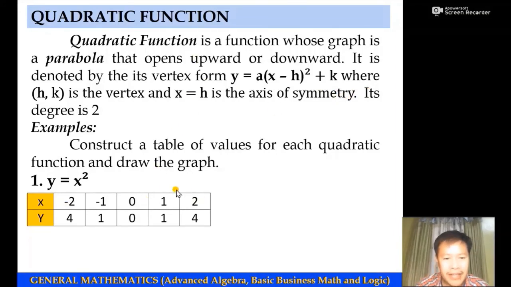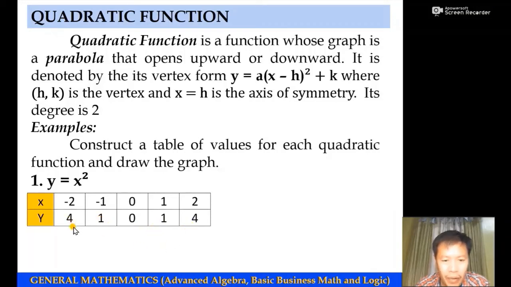These are the values of x. Now, if x is equal to negative 1, y is positive 1, because negative 1 times negative 1 is positive 1. You don't need to solve this, because whatever the value of y here is also the same there, because they are symmetric with each other.